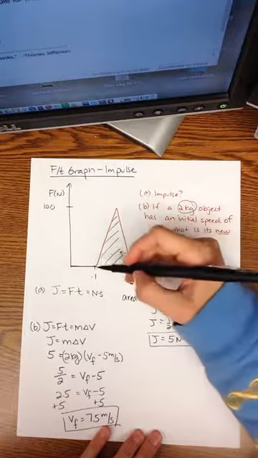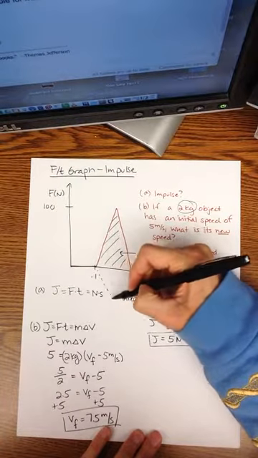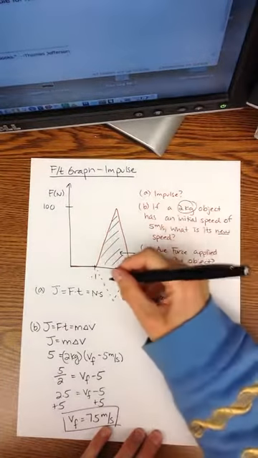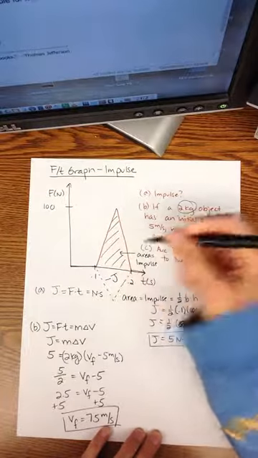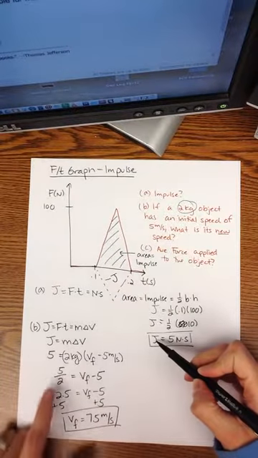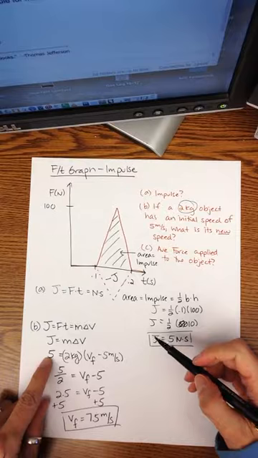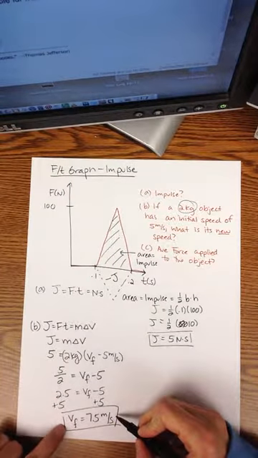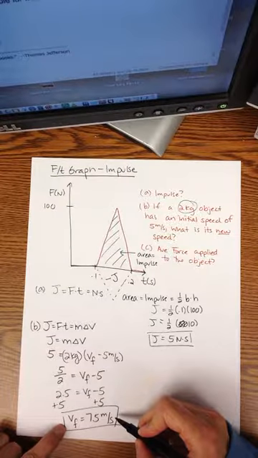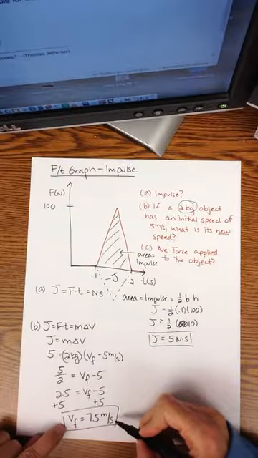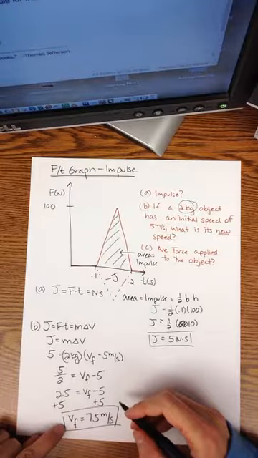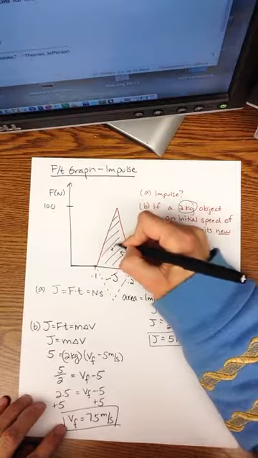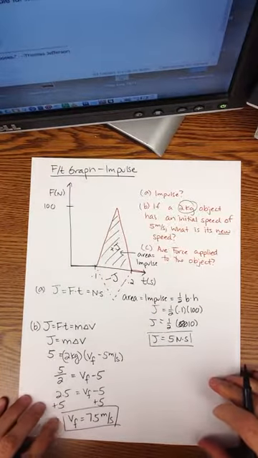If, for example, you had an area or a triangle that was underneath the time axis, this is going to give you a negative J. And if you have a negative J here, say you had a negative 5, this would be a negative 2.5 plus 5, so your final speed would actually be slower than your initial, which means that the object would be slowing down instead of speeding up. So just be careful with the area, whether it's a positive J or a negative J, a positive impulse or a negative impulse.